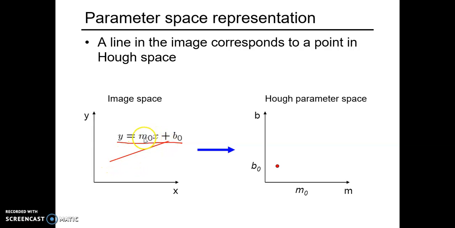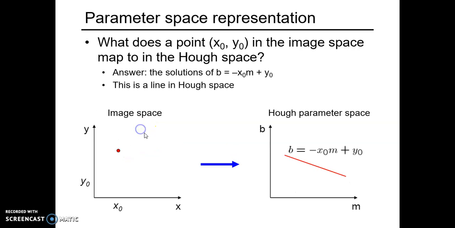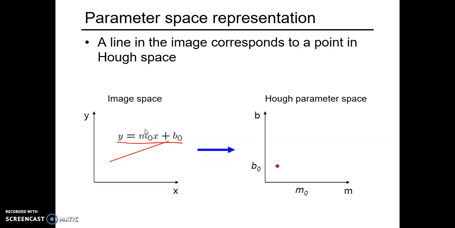Here m0 is the slope and b0 is the y-intercept. You have studied these in maths. For a particular line, m0 and b0 are constants.